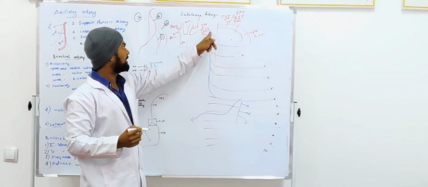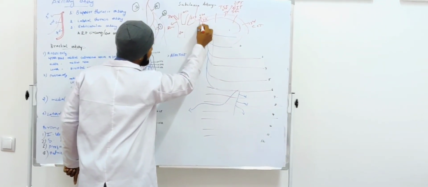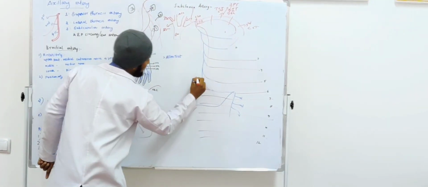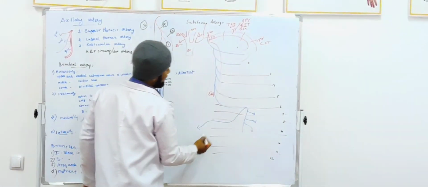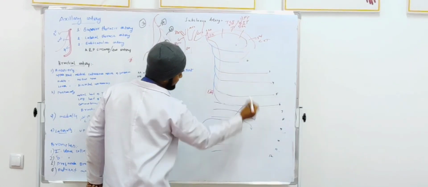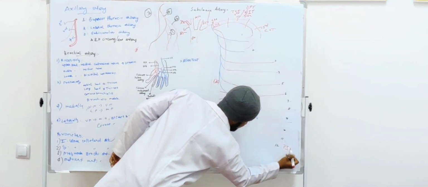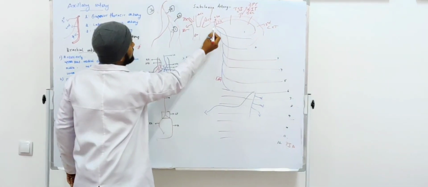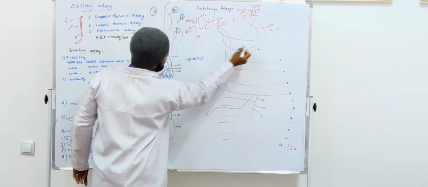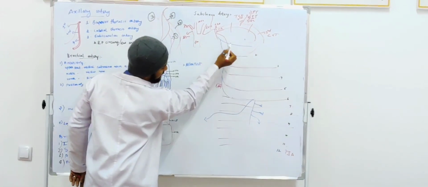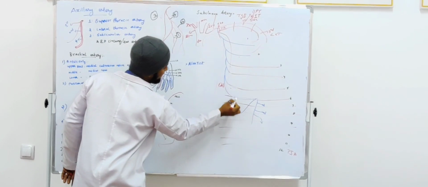Then we come to the internal thoracic artery. Usually this is the descending aorta. The descending aorta gives posterior intercostal arteries, up to 12 posterior intercostal arteries. And then the internal thoracic artery gives rise to anterior intercostal arteries: first, second, third, fourth, fifth, and sixth.